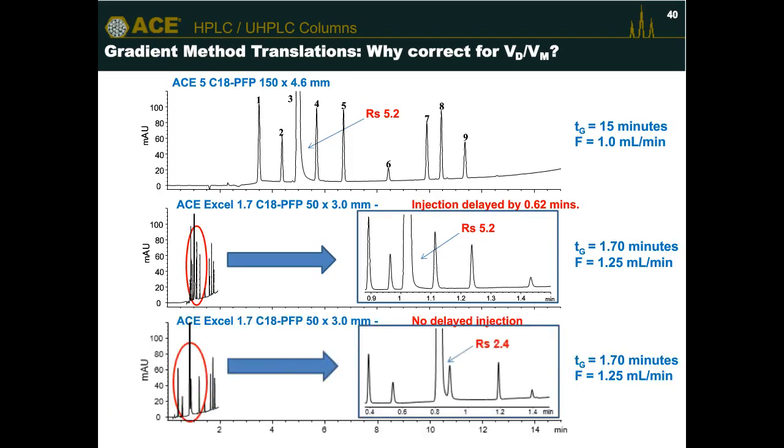We don't achieve the same separation if we haven't modified this gradient because of the different volumes. So this is where we can see errors when people are moving their methods to shorter columns, especially when the dwell volume on the different systems is significant.